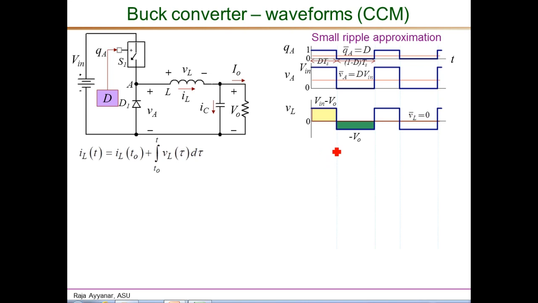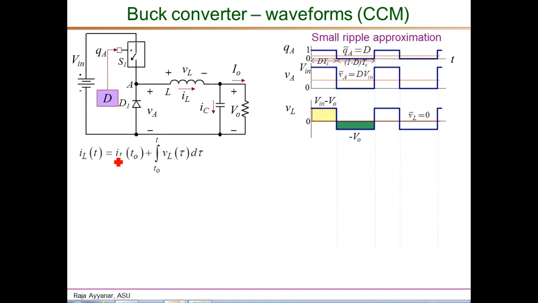Next, we will use the inductor voltage waveform that we derived earlier to draw the inductor current waveform. So the voltage current relationship for an inductor is as shown here. IL of t equals IL at a starting time T0 plus the integral of the inductor voltage from T0 to t.